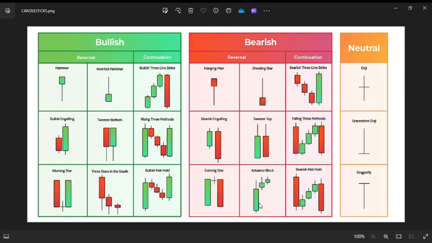That is an indication that the market is about to reverse to the downside. Then we have the advanced block. The advanced block is usually the opposite of the three stars in the south, as in the case of the bullish reversal.